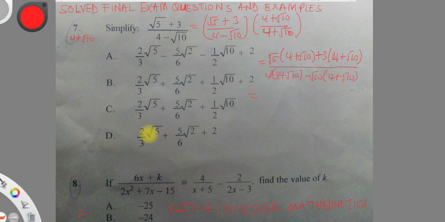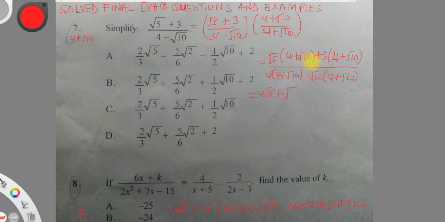These are the answer choices, so we have to be very careful. Square root of 5 times 4 gives 4 root 5. And then plus square root of 5 times square root of 10, you get square root of 50.